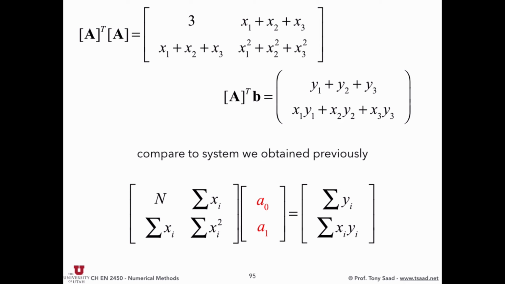What is A transpose? It's 1, 1, 1, dot, dot, dot, 1, and then x1, x2, x3, dot, dot, dot, xn, times this matrix, 1, 1, 1, dot, dot, dot, 1, and then x1, x2, x3, dot, dot, dot, xn.